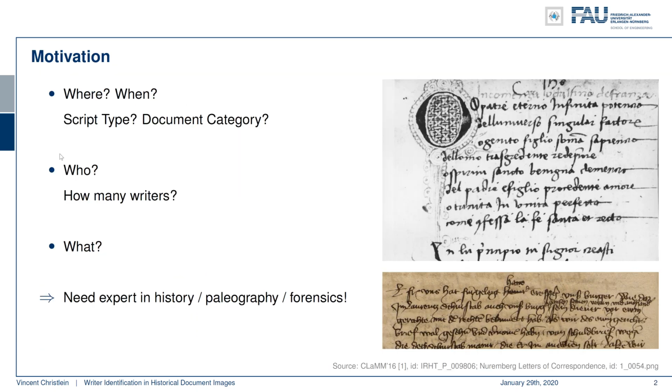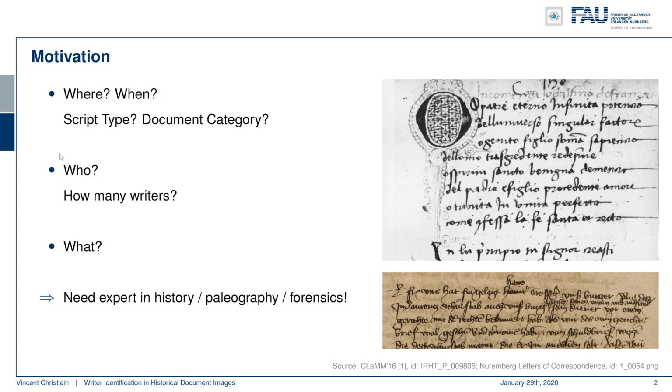Okay, so let's go back to the topic of documents. In letters, for example the one at the bottom right, it's quite easy if you know the text, because you typically have the receiver and who sent the letter. But if you have different texts, you can pose quite many questions.